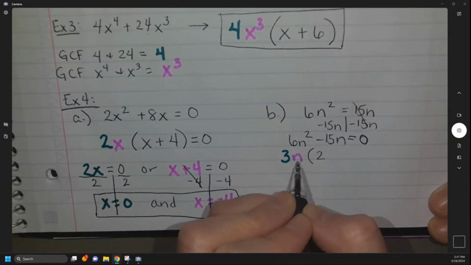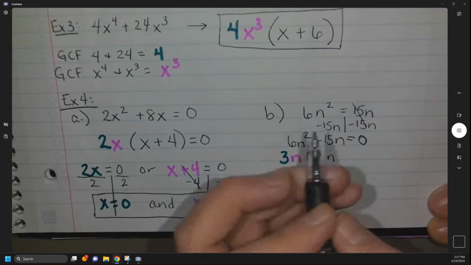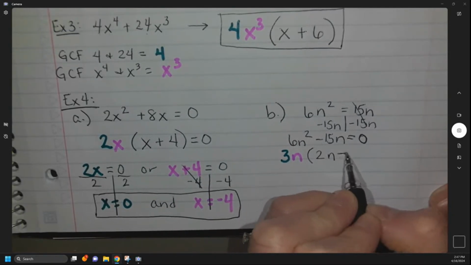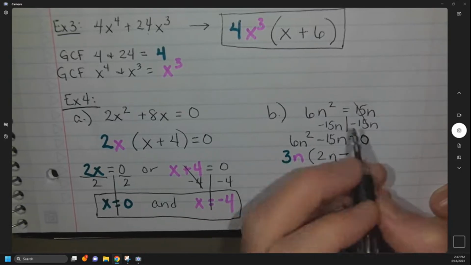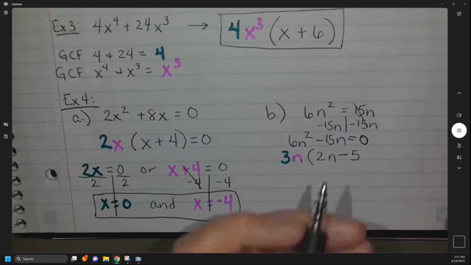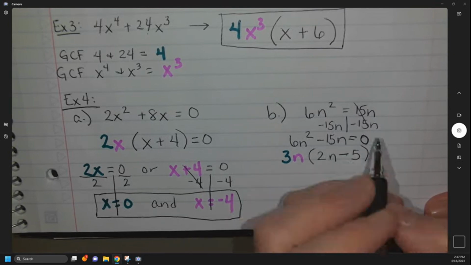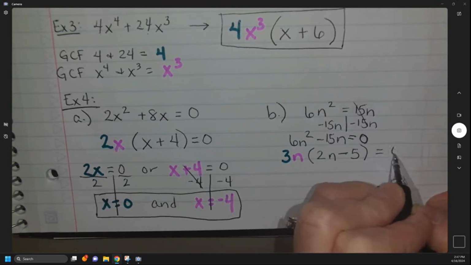N squared divided by n is just n, so we have 2n. Minus 15 divided by 3 is 5. N divided by n is just 1. So we've got 3n times the quantity of 2n minus 5 equals 0.